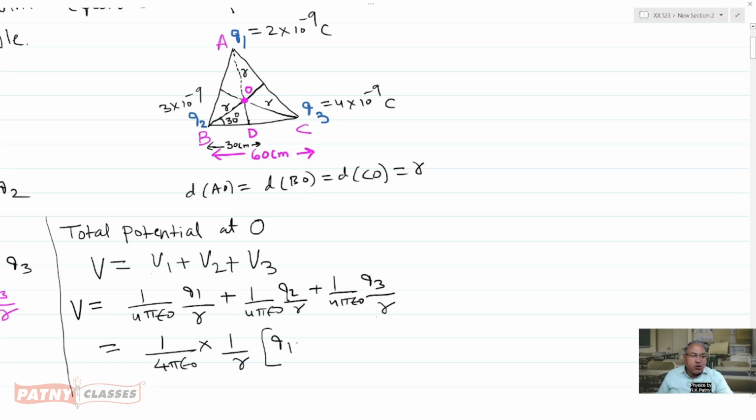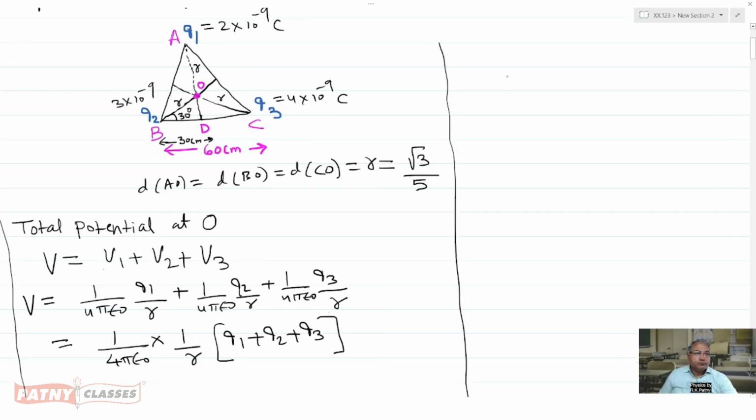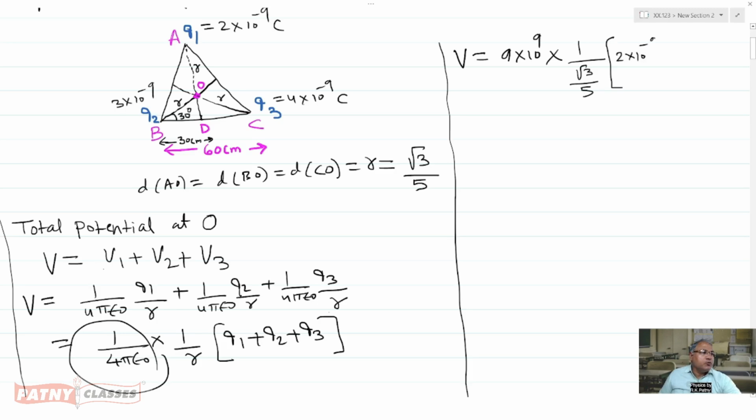So in the bracket we get Q1 plus Q2 plus Q3. Therefore V equals 1 upon 4 pi epsilon naught, the value of which is nothing but 9 into 10 raised to 9, and R value is root 3 upon 5. So 1 upon root 3 upon 5, and putting here Q1 value, that is 2 into 10 raised to minus 9 plus Q2 value 3 into 10 raised to minus 9 plus Q3 value, that is 4 into 10 raised to minus 9.